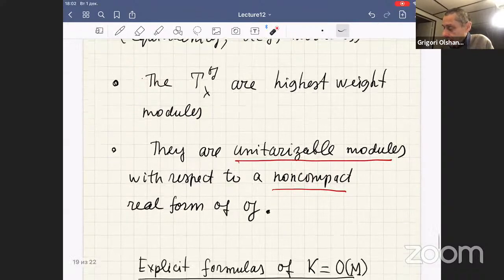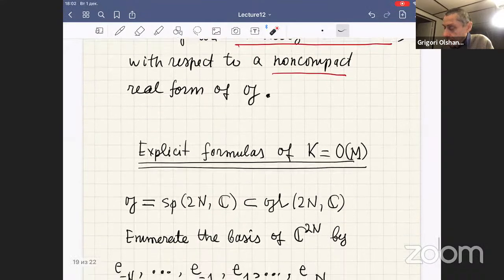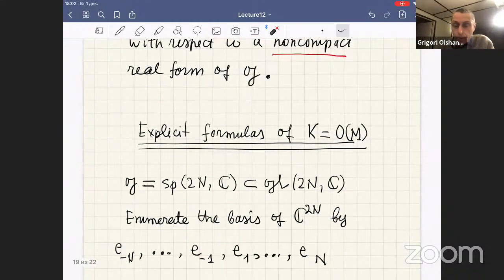And finally, I would like to make all this a bit more explicit, at least in the first case, when K is the orthogonal group. Then the corresponding Lie algebra is the symplectic Lie algebra, and N is just the parameter that I wrote before.